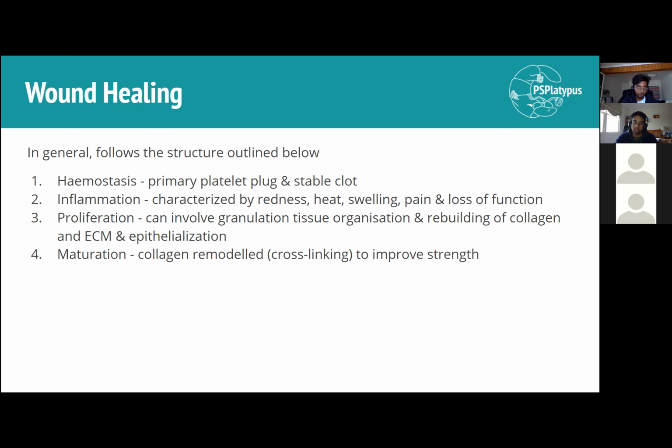Proliferation involves granulation tissue organization, rebuilding of collagen and ECM, and epithelialization. All of that we're going to explain in the next few slides. Maturation is when the collagen that is built or rebuilt in step 3 is remodeled to improve strength.